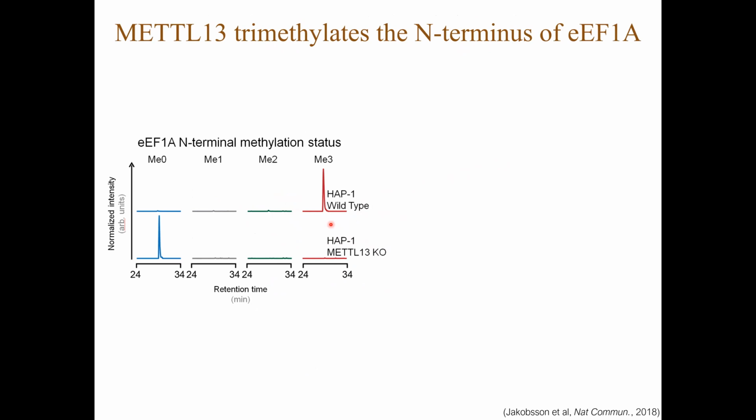And clearly you see here that the site is exclusively trimethylated in wild type cells, whereas the modification is absent in the METTL13 knockout cells. So this demonstrates two things. First, that the modification really does occur in vivo, and it's mainly trimethylated. And more importantly, it shows that the modification is exclusively dependent on the METTL13 enzyme in cells.